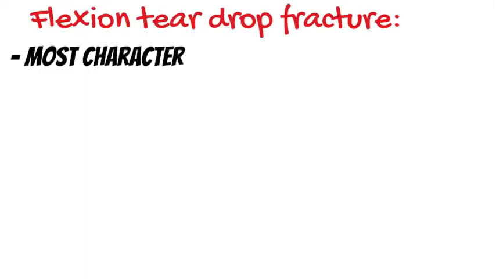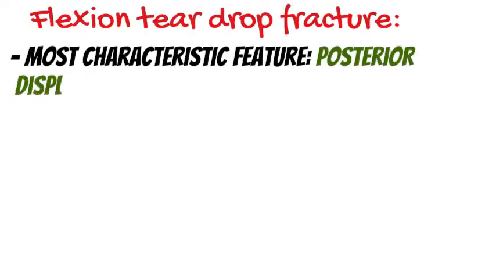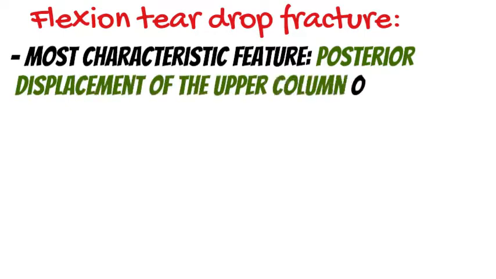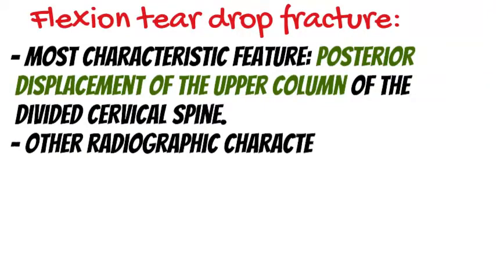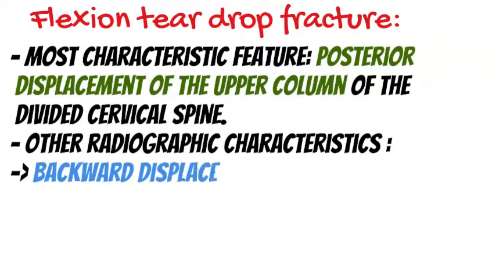For flexion type of teardrop fracture, the most characteristic feature is posterior displacement of the upper column of the divided cervical spine.